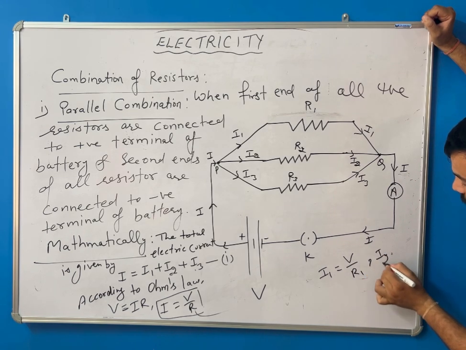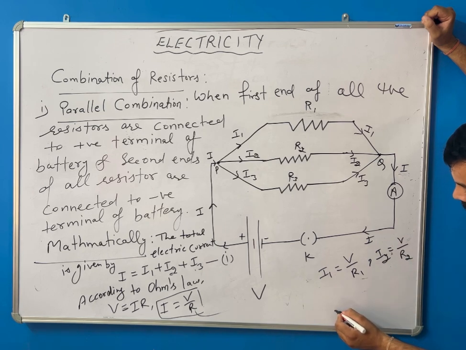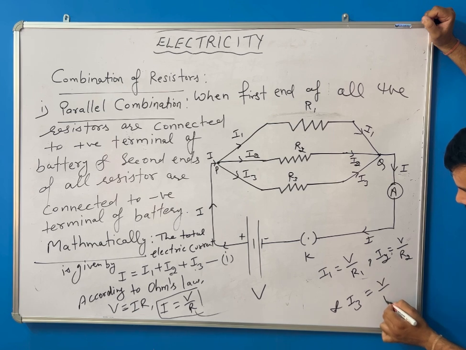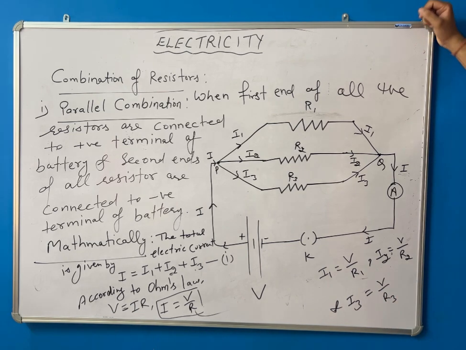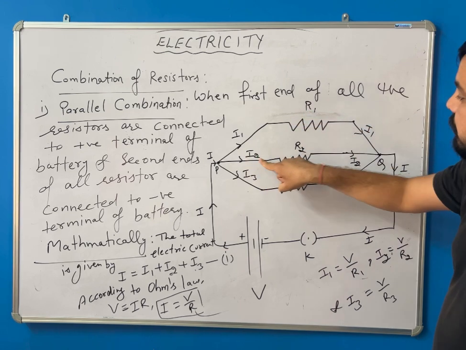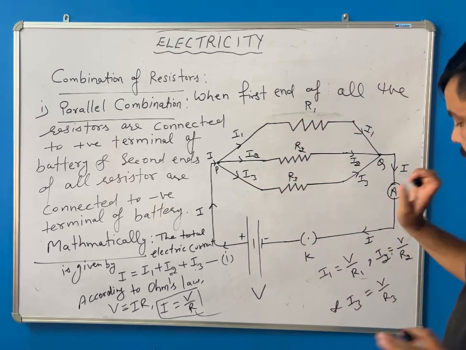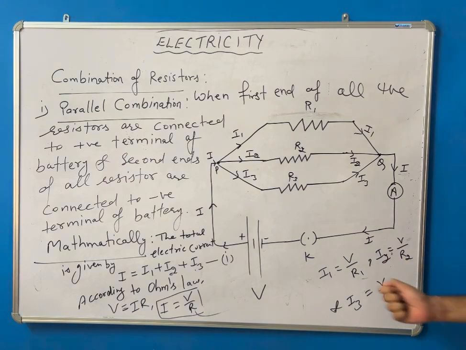Similarly, I2 = V/R2 and similarly I3 = V/R3. Clear? Now we have the values of I1, I2 and I3.